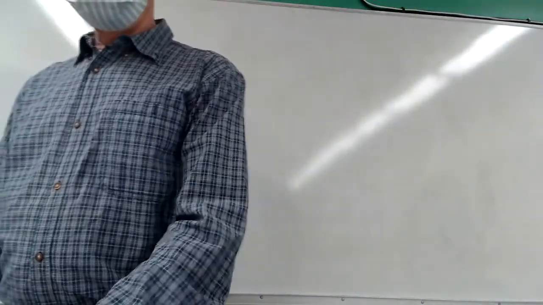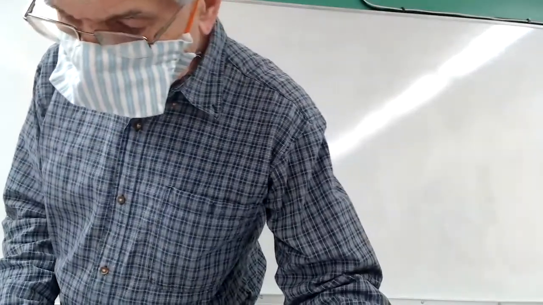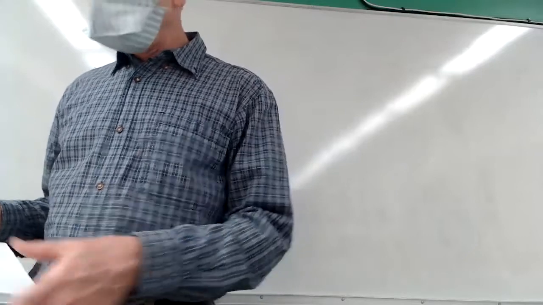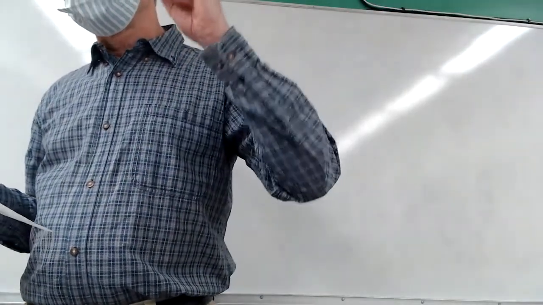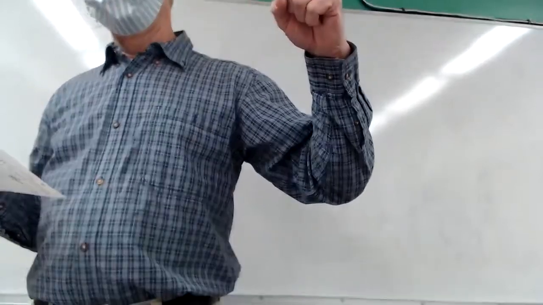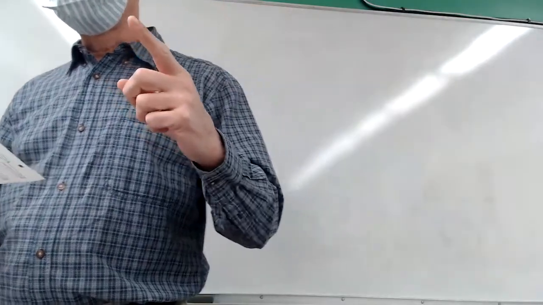So a couple of booby traps were laid for you in this example. First of all, for the amplitude, I labeled that 4 centimeters on there. The amplitude is not the distance from peak to valley. The amplitude is the center line to either extreme.